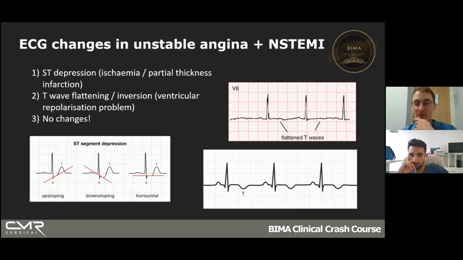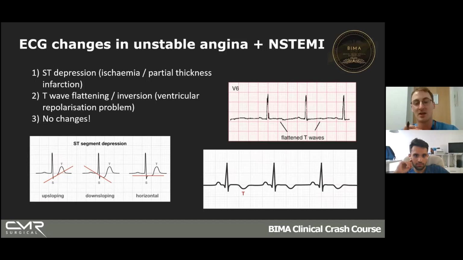So these are a little bit more tricky. They both share the same ECG features. You get changes that represent ischemia or full or partial thickness infarction of the myocardium. And this manifests as ST depression, which is on the bottom left-hand side. I don't know what this upsloping and downsloping is. It's just that the ST segment is depressed.